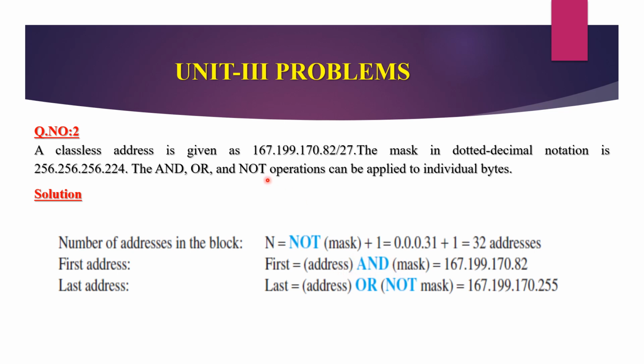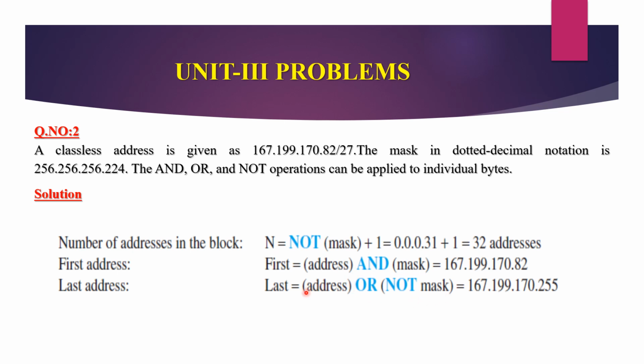The address 167.199.170.82 is ANDed with 255.255.255.224, which is the mask. This gives the first address. Now we can find the last address by ORing the address with the NOT of the mask, the complement of the mask.